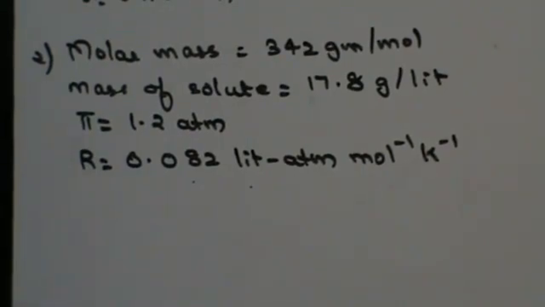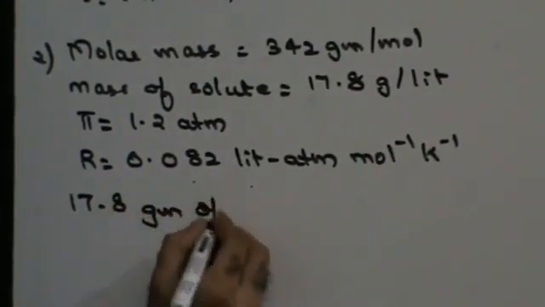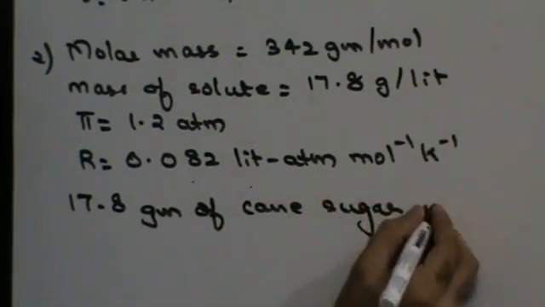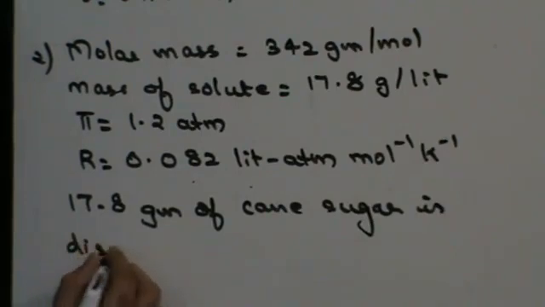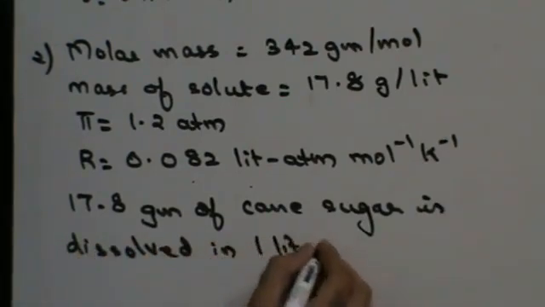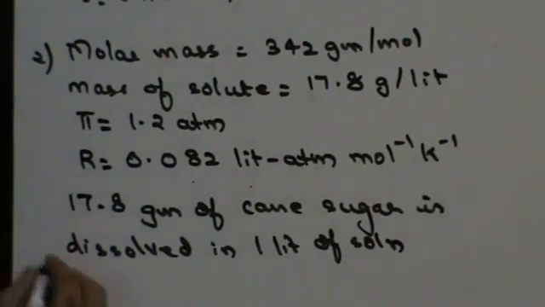Now, they said that I can say that 17.8 grams of cane sugar is dissolved in 1 liter of solution. How do I know 1 liter of solution, guys? Because look at the unit. They said 17.8 grams per liter. Now, first let us find out number of moles.